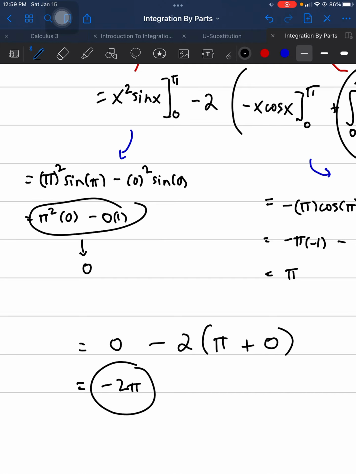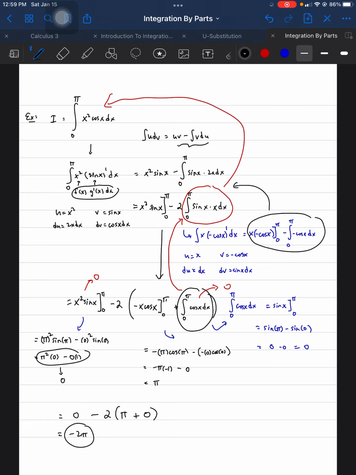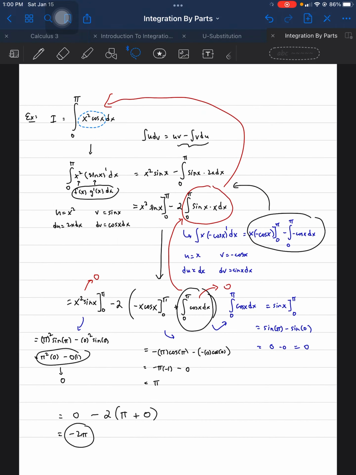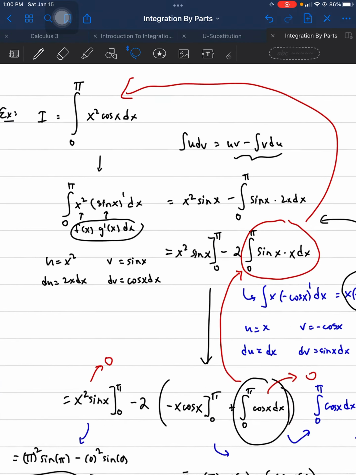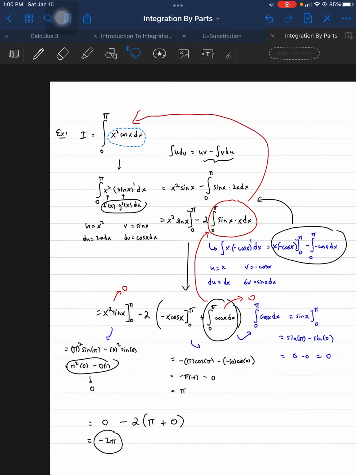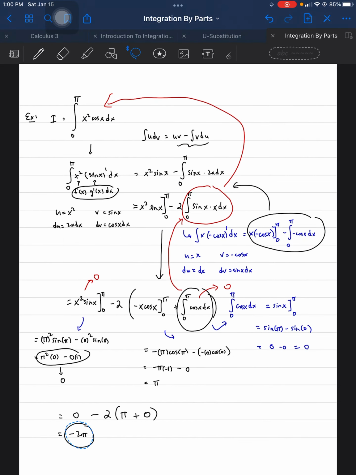And what this negative 2 pi is telling us is that this function right here, x squared cosine x, has an area of negative 2 pi from the interval 0 to pi.